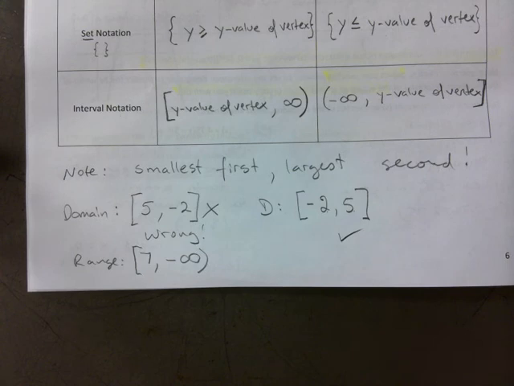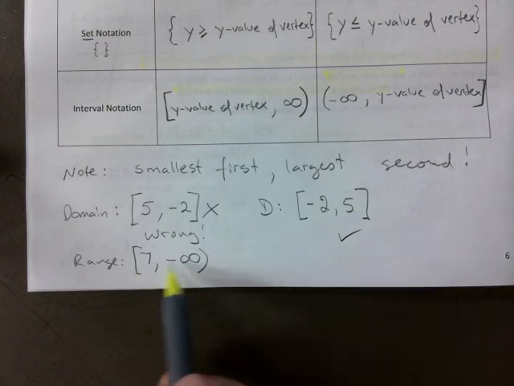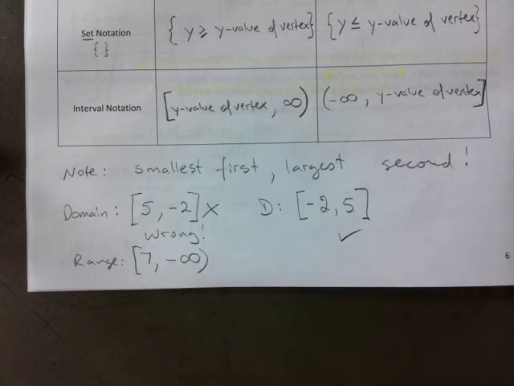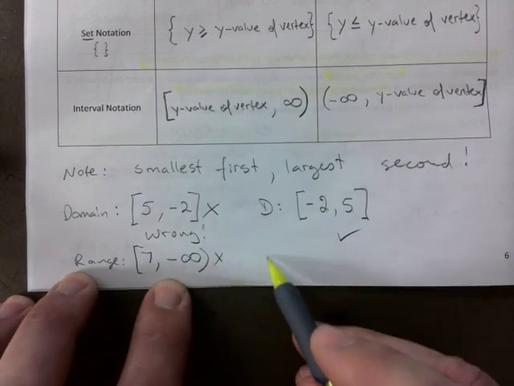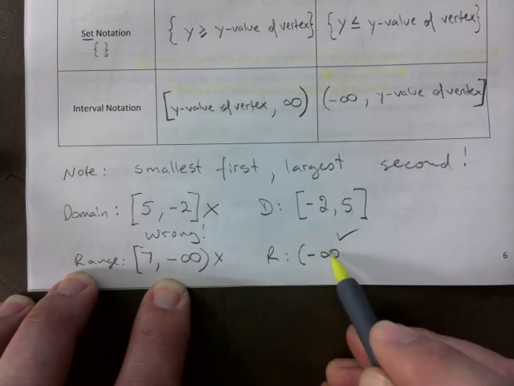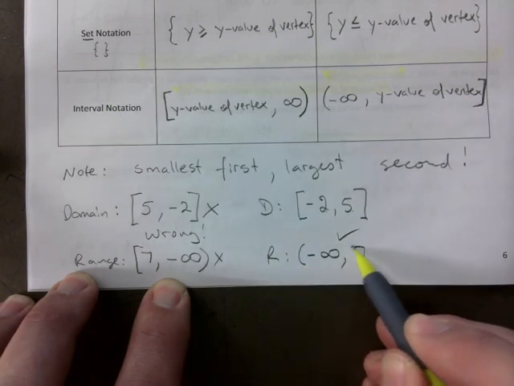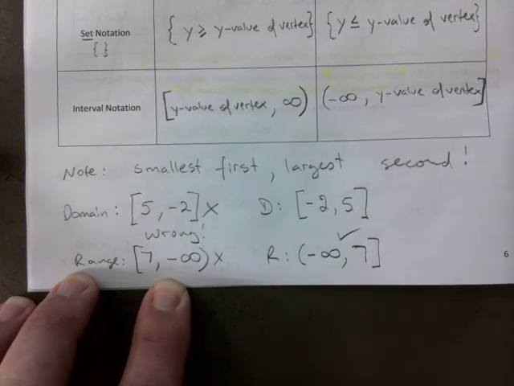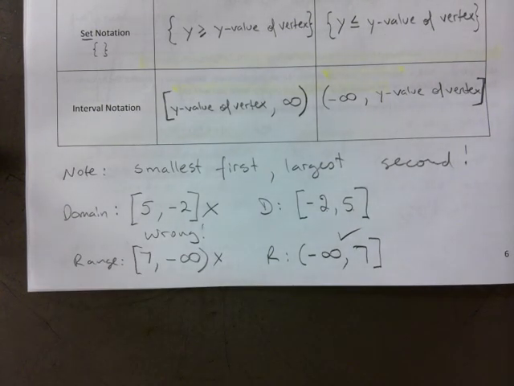So we're kind of getting there. But which one of these two is smaller? Negative infinity, right? I hope that makes sense. So this is wrong. The correct way of stating this would be to say negative infinity first, and then 7, which is the biggest number, next. That would be the correct way of stating it.